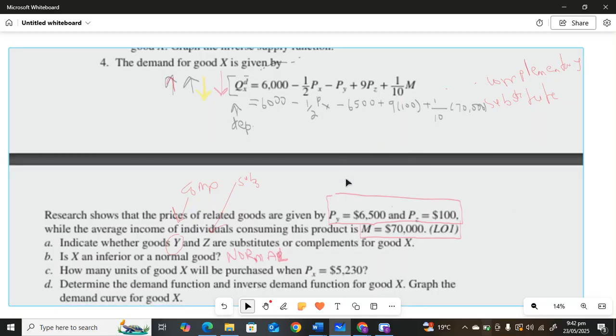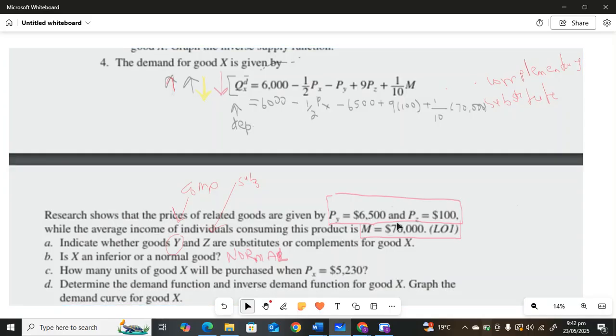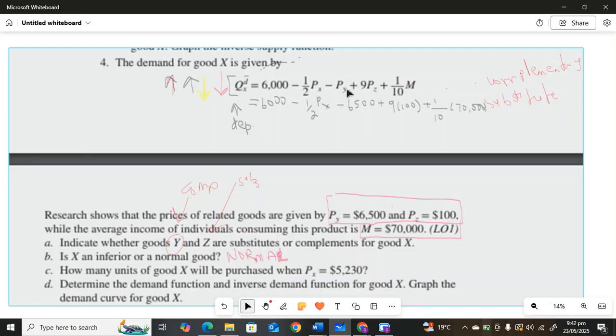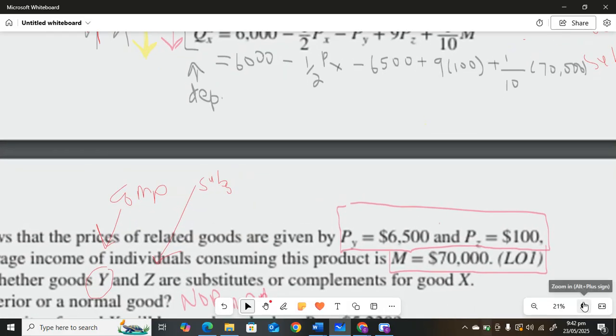Right now, we are just substituting the values given in the question, PY, PZ, and M, into our demand function. So you haven't really missed a lot.